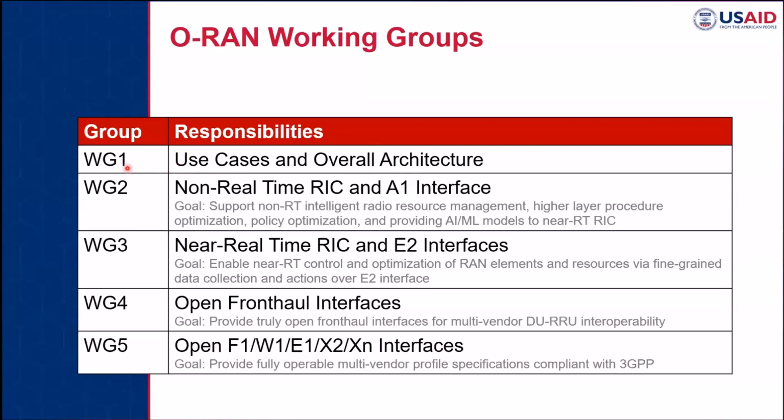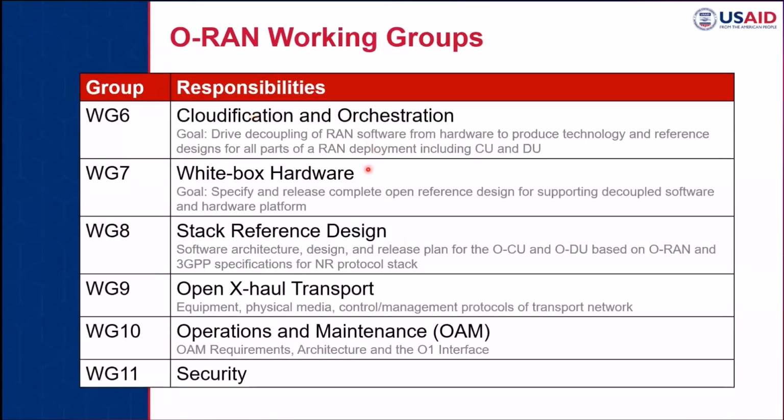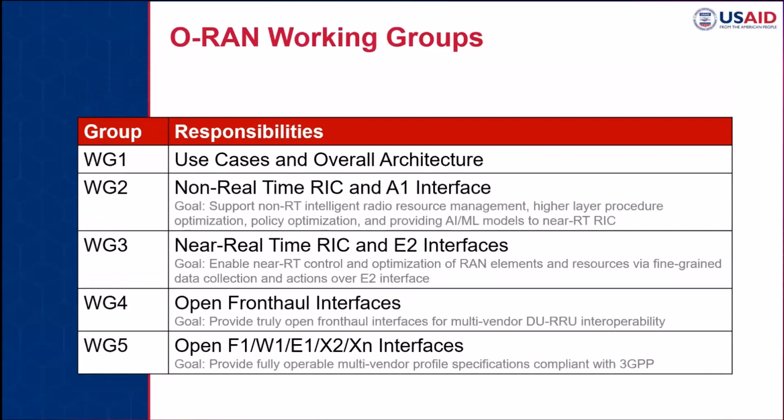Talking about the RAN Intelligent Controller, the non-real-time RIC and the A1 interface, and the near-real-time RIC plus the E2 interface, are handled by Working Group 2 and Working Group 3. The other working groups are 4 to 11. So for the RAN Intelligent Controller, it's Working Group 2 and Working Group 3.